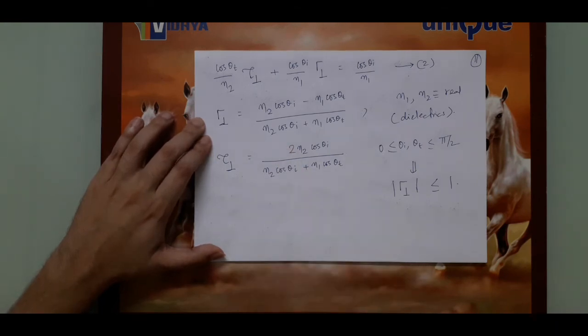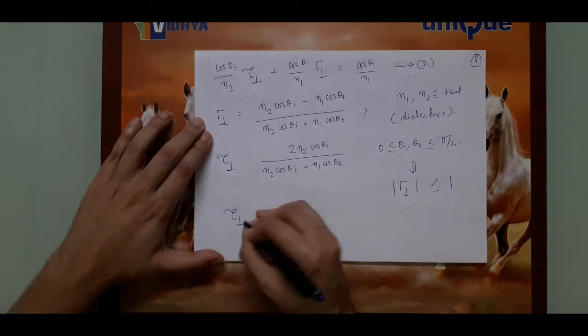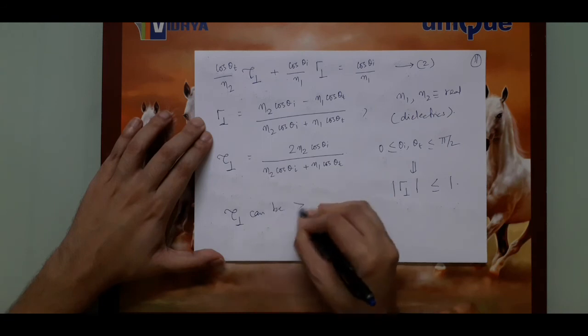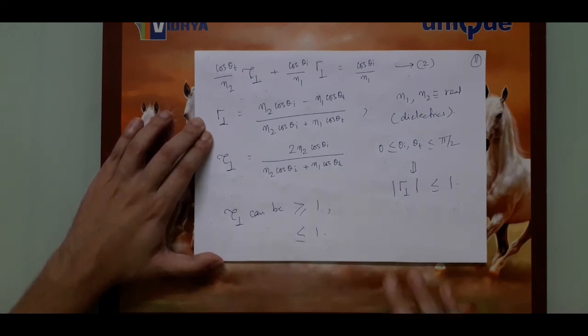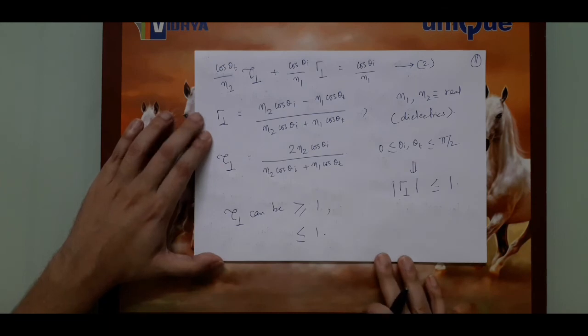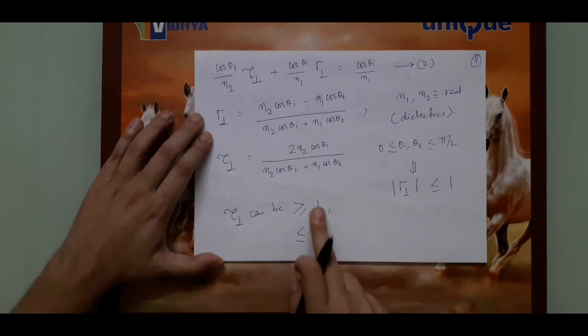But what about the tau factor? The tau factor can be more than or equal to 1 or less than or equal to 1. Both are possible. So what does this mean? If it is more than 1, are we transmitting more than what we are making incident?